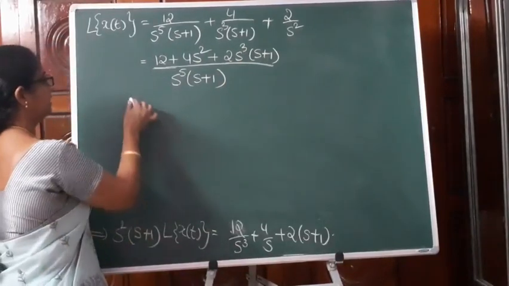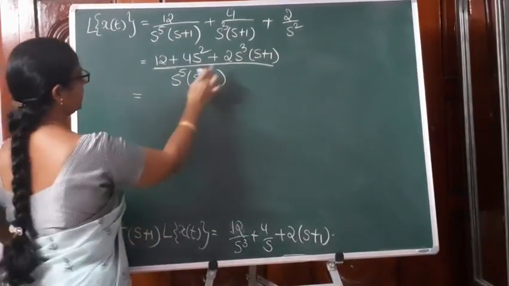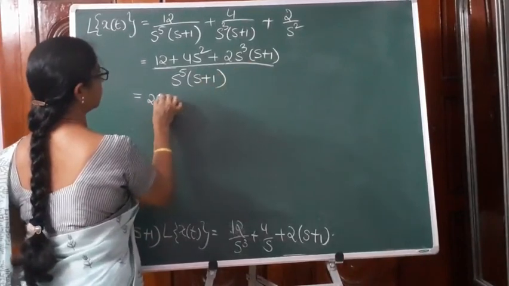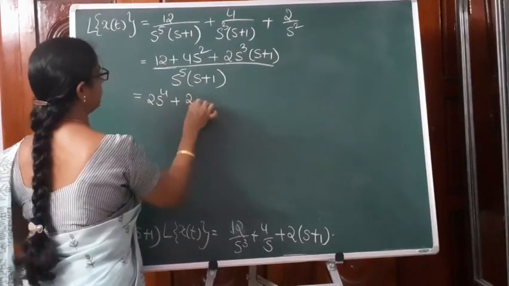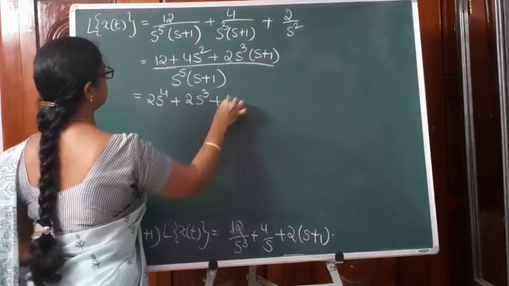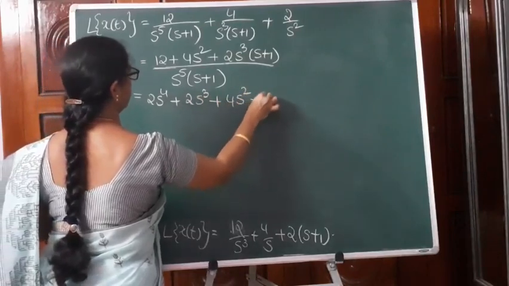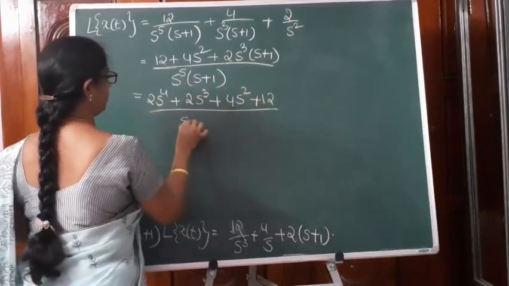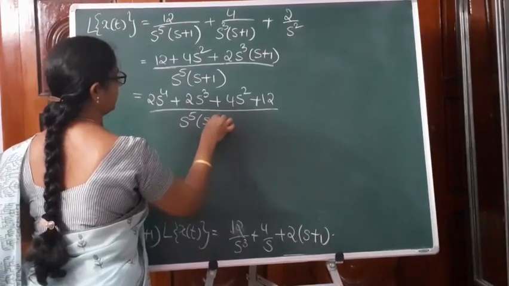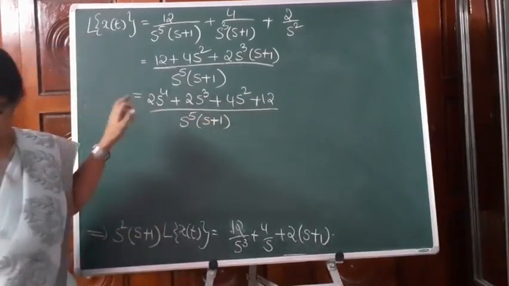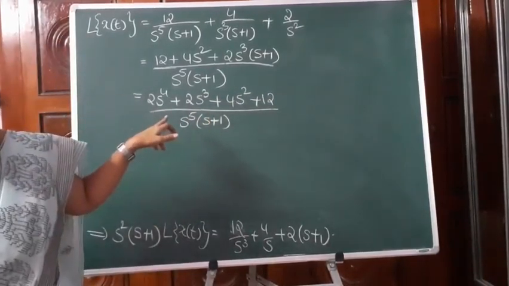Isn't it? Okay. So after simplification, what do we get here? 2s power 4 plus 2s cube plus 4s square plus 12 by s power 5 into s plus 1. So hope this LCM is correct.